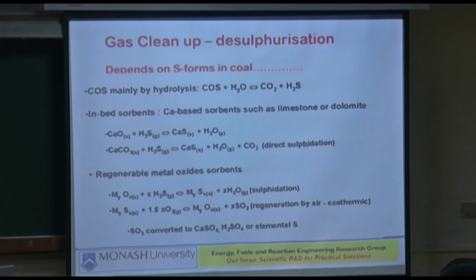But let's just say that the metal oxide plus hydrogen sulfide will give you the metal sulfide and then the water vapor. And the beauty of the metal sulfides is that you can actually regenerate them with air by the chemical looping principle. So you can keep that in mind.